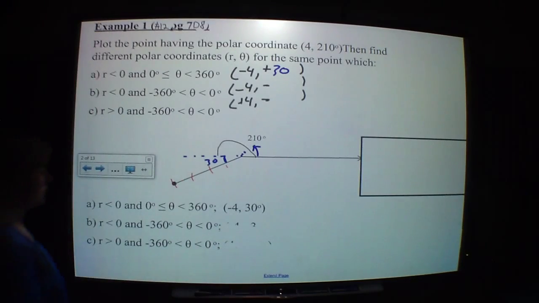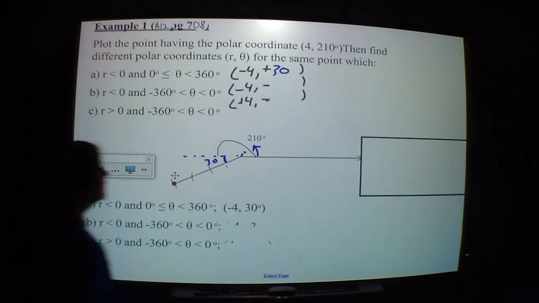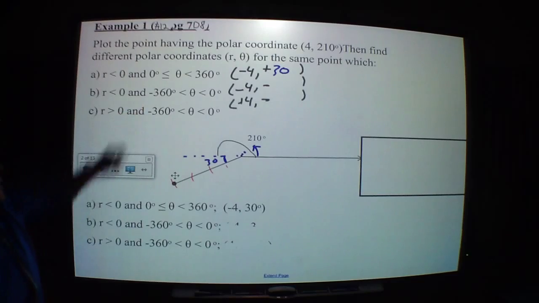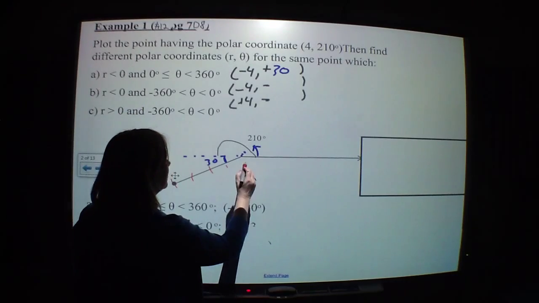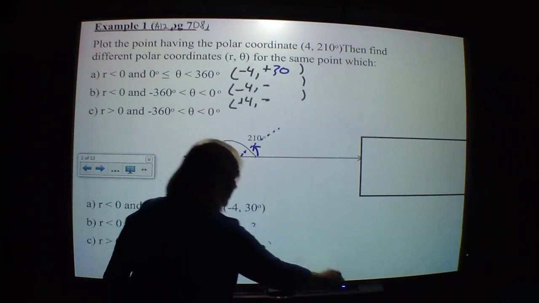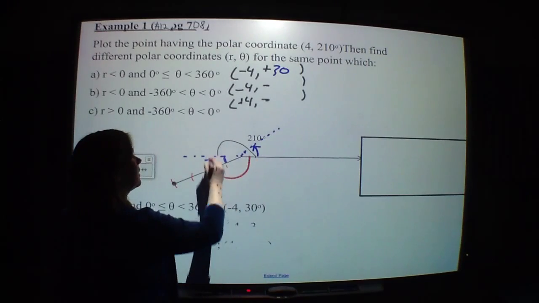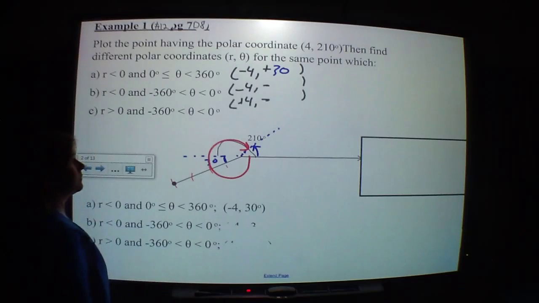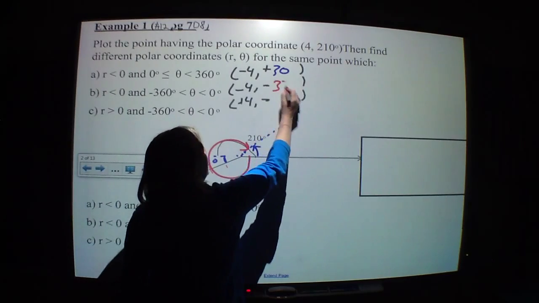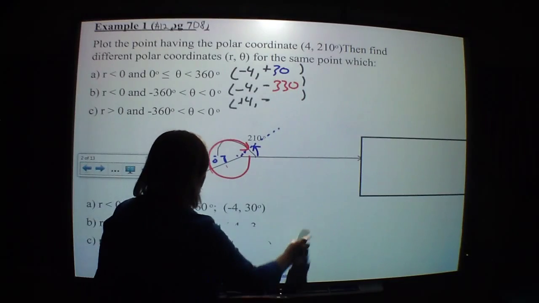Okay? Another one, you could go, I want a negative 4, but I want a negative angle. So my angle could be negative. Remember, this was 30 degrees that I went to. But I could go this way. That would be 360 minus 30 is 330.